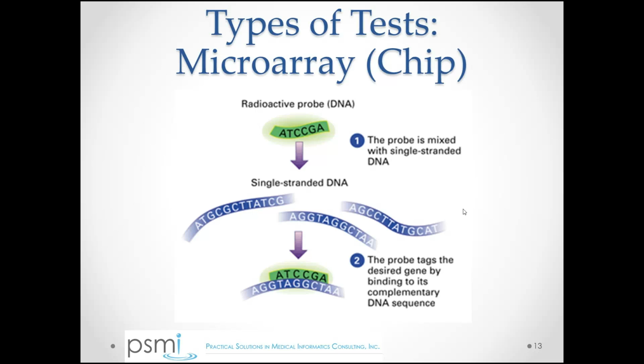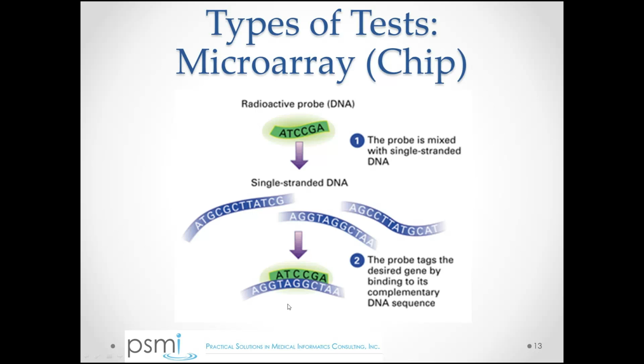It can be a radioactive probe, it can be a fluorescently labeled probe, and you design your probe based on where the area of DNA is that you're going to be looking. The probe is mixed with the DNA. The probe hybridizes, and then you can detect whether or not DNA hybridized to the probe.